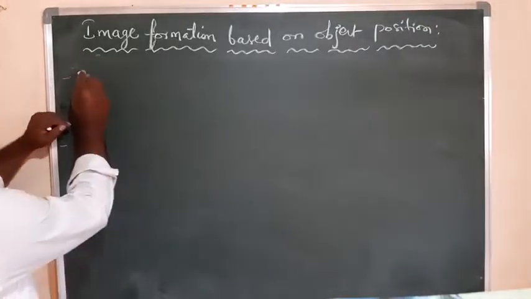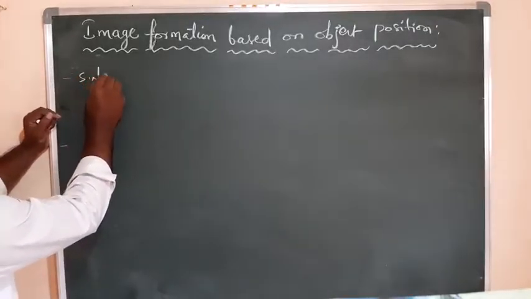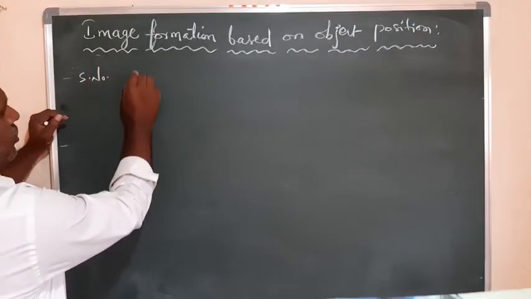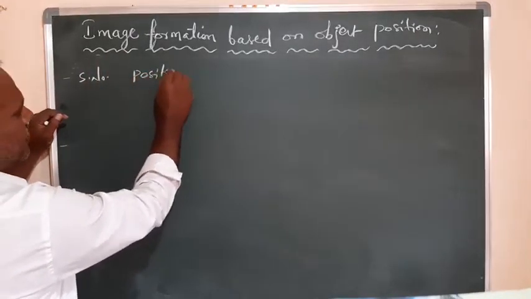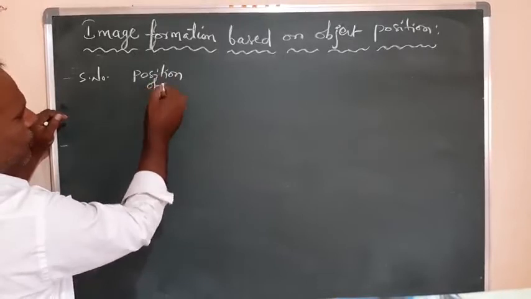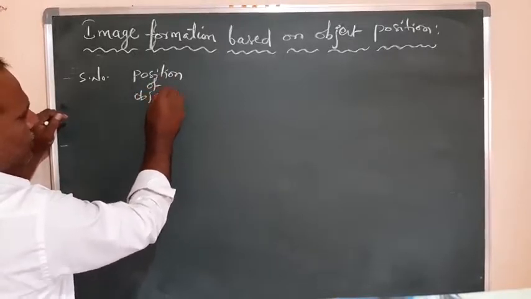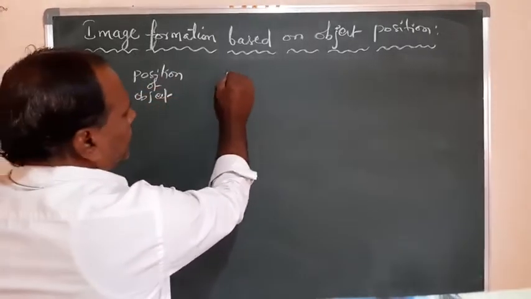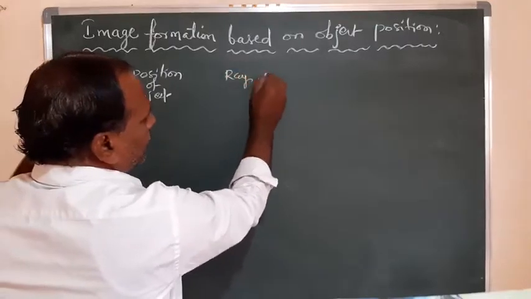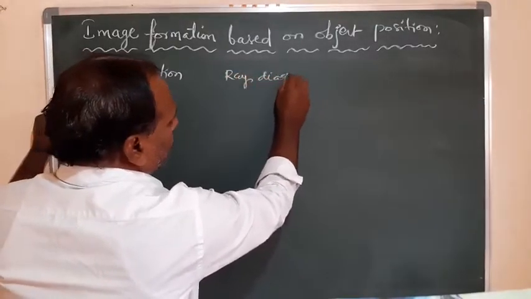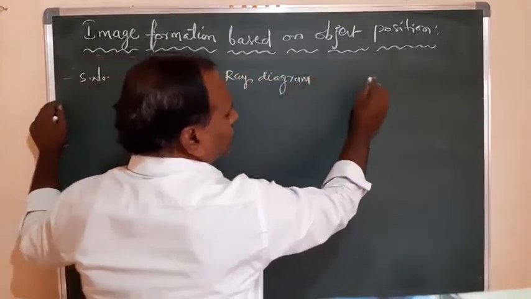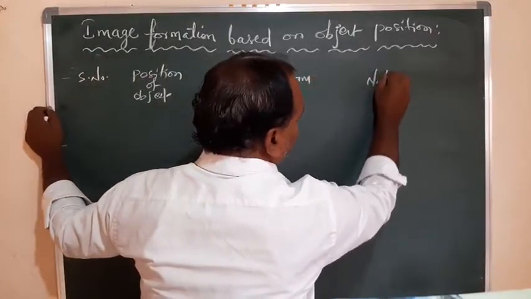See here, serial number first one, right? Next here it is the position of object, and third one here it is a ray diagram, and fourth one it is a nature of image.